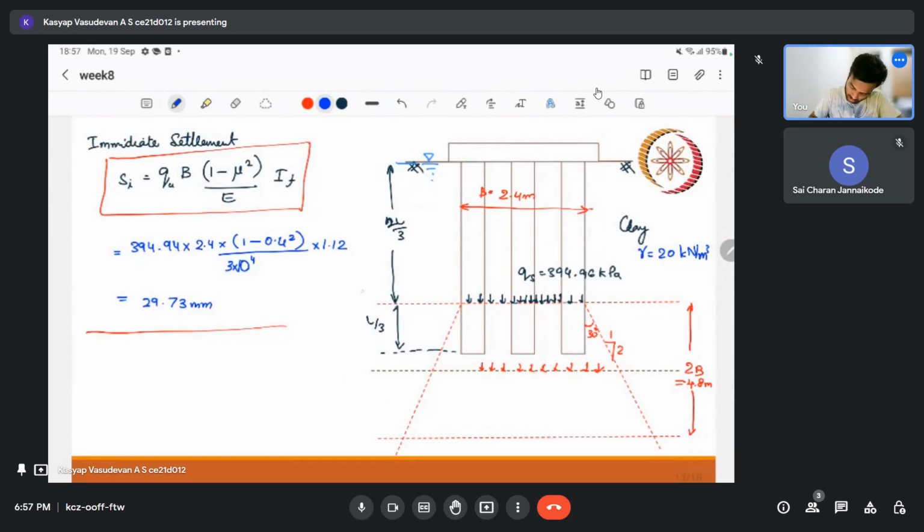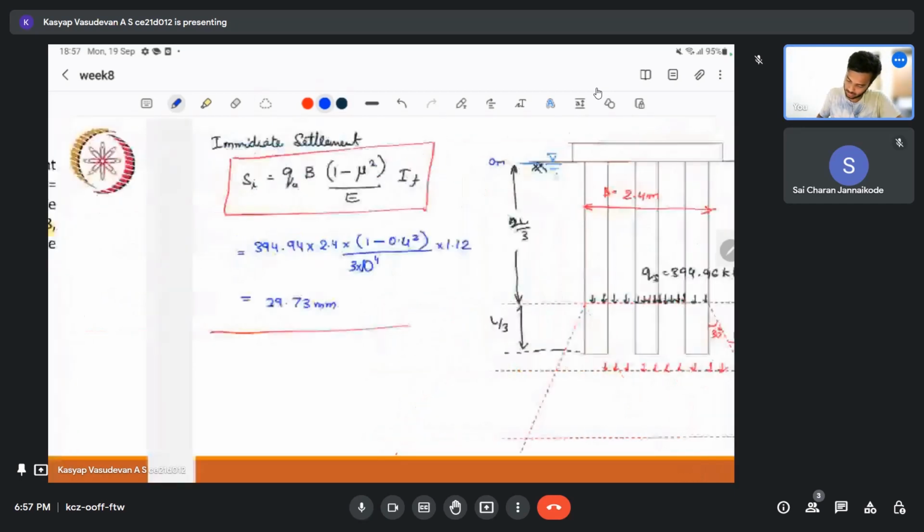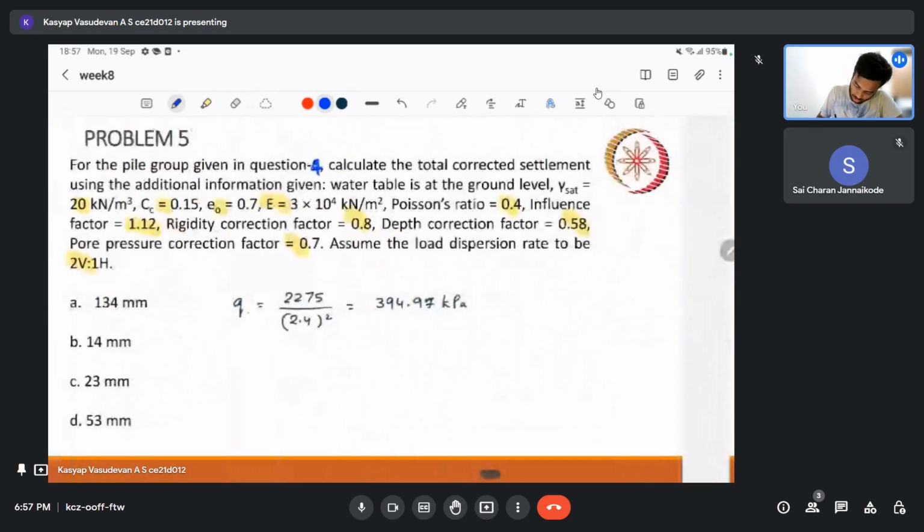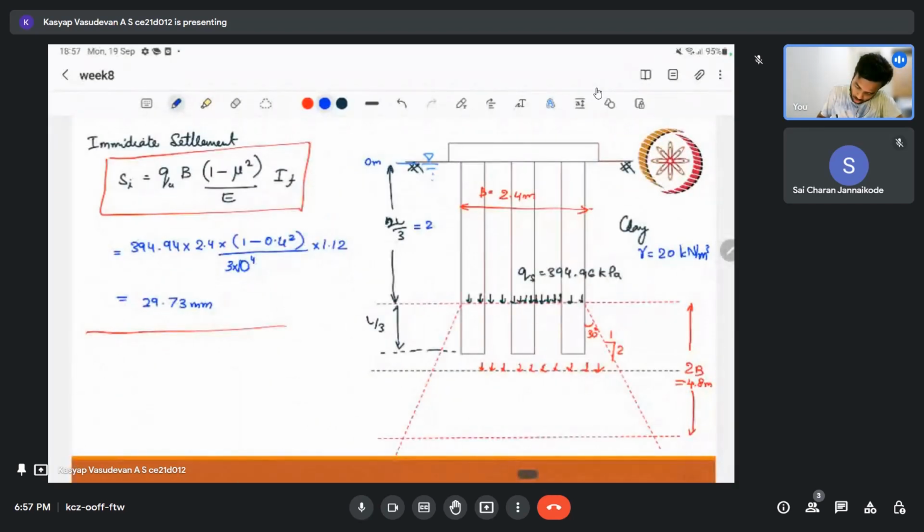So if this is 0 meter, this will be our length of pile, the length of pile was 10 meter, right? Okay, so this is 2 into 10 by 3, so that is this, and this distance is nothing but 2.4.